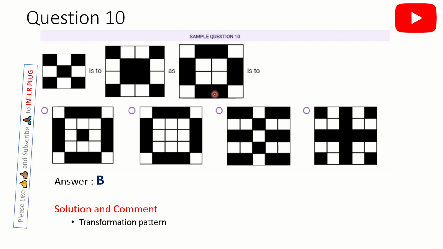So if we apply the same logic to this one, we already know that the extremes are not going to change, right? So that sends us to either A or B. And the color will also not change. It's going to be white. Now, the next thing we know is these mid rectangles need to gain one, right?